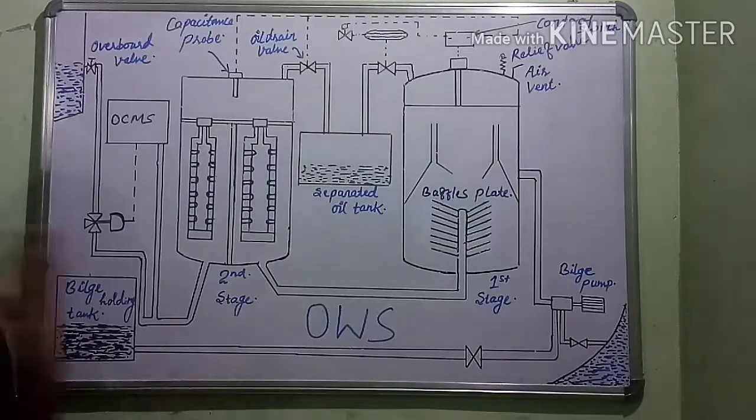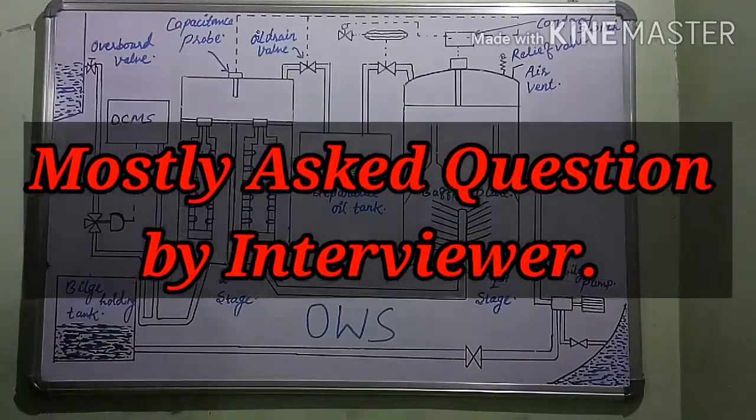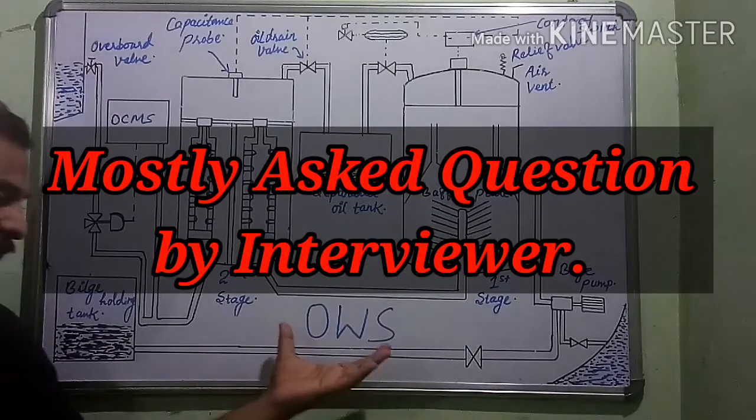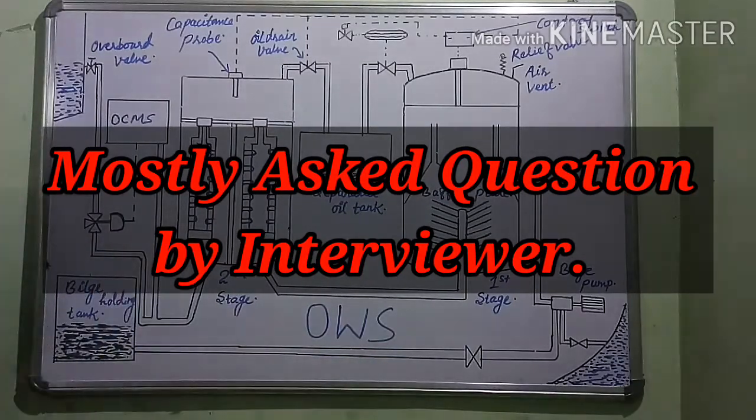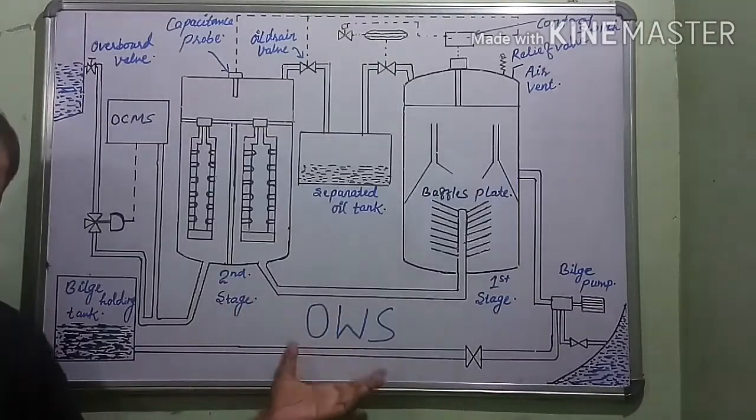Now we are proceeding towards the rules and regulations made by MARPOL 73/78 regarding the oily water separator. As per Annex 1 of MARPOL 73/78, Regulation 4, specified under paragraphs 2, 3 and 6, any direct discharge of oil or oily water mixture into the sea shall be prohibited.